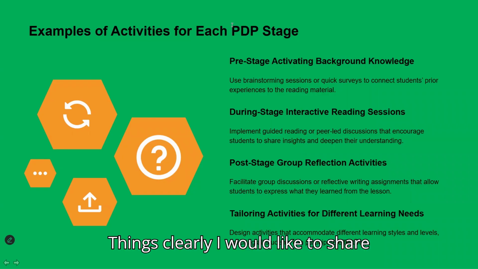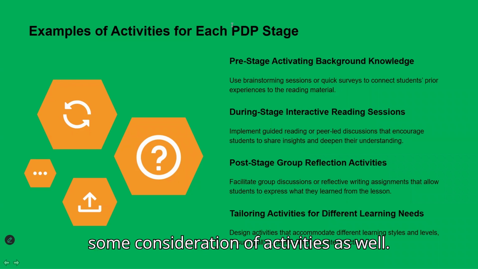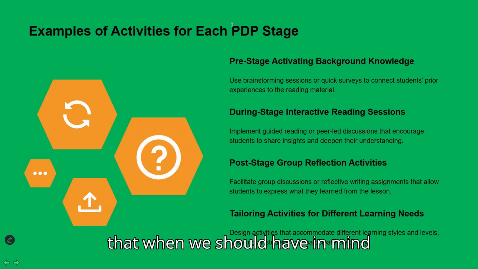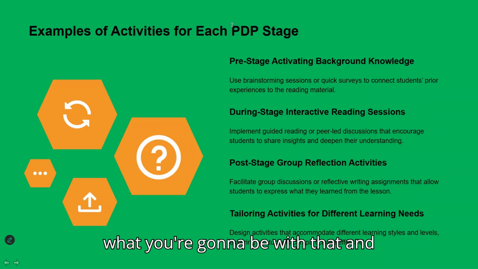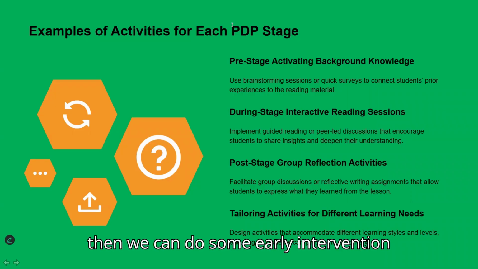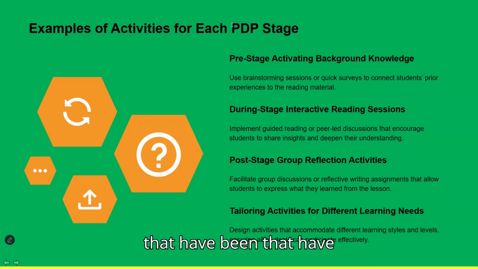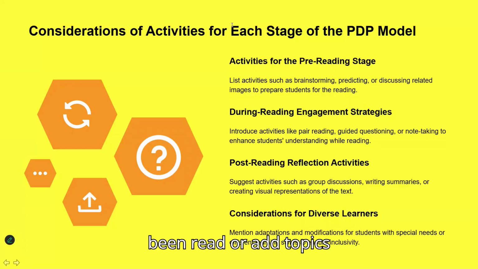And finally, I would like to share some considerations for activities as well. As in the previous stage, it's very important that you have in mind what you're going to do. Then we can do some skimming, prediction, or discussion relating to the topics that have been read or the topics that we are going to learn, right?